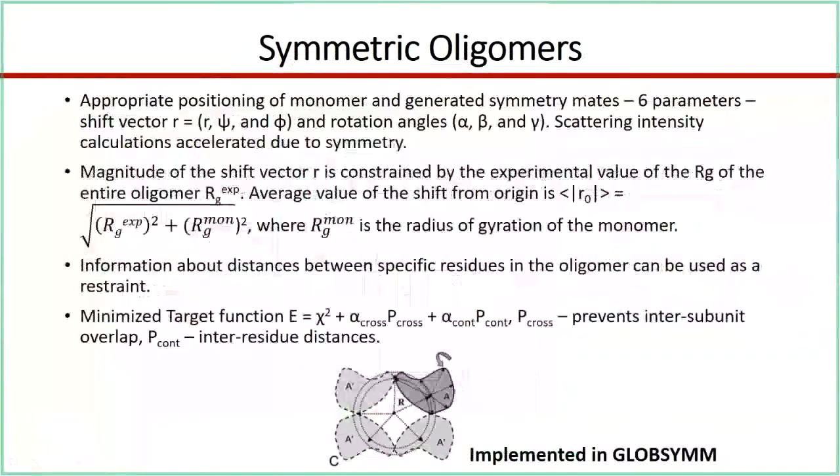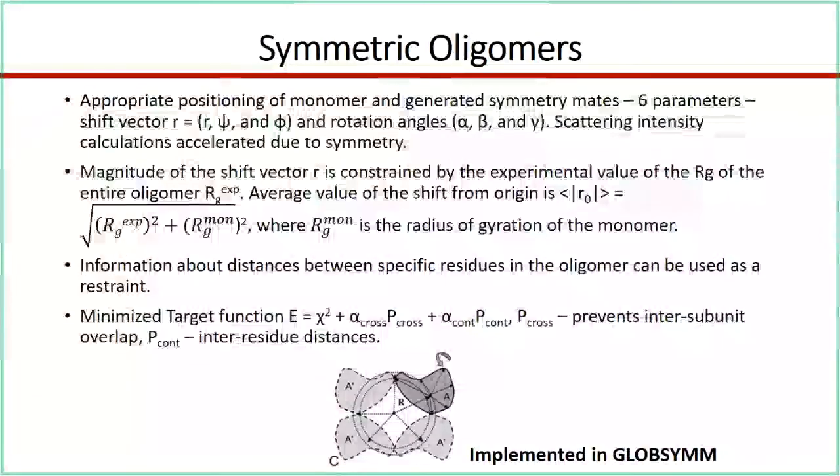Then in the case of symmetric oligomers, appropriate positioning of the monomer and the generated symmetry mates depends on about 6 parameters, right? There's the shift vector, and then there are the rotation angles.